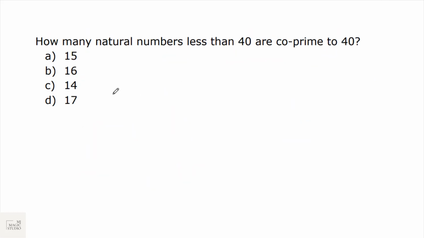How many natural numbers less than 40 are co-prime to 40? Co-prime here means relatively prime also.